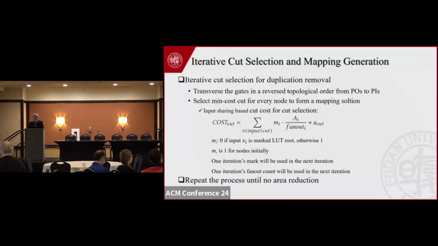Based on this new cost computation, we will favor cuts which share inputs with other cuts. After one iteration, we get a mapping solution. We evaluate its total area and compare with the previous iteration. If there's an area reduction, we continue the process until there is no more area reduction. Then we stop and get a solution.